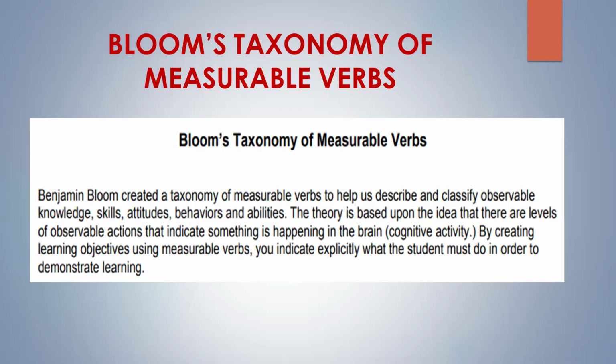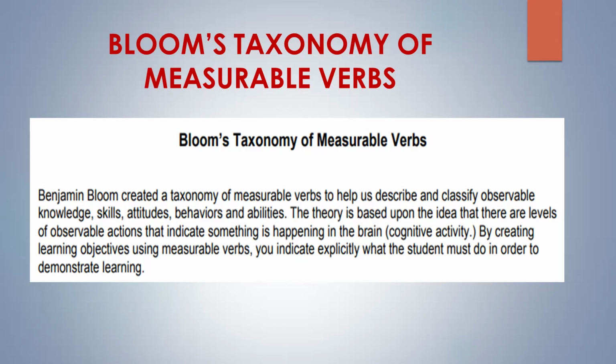Benjamin Bloom created a taxonomy of measurable verbs to help us describe and classify observable knowledge, skills, attitudes, behaviors, and abilities. The theory is based upon the idea that there are levels of observable actions that indicate something is happening in the brain, cognitive activity.